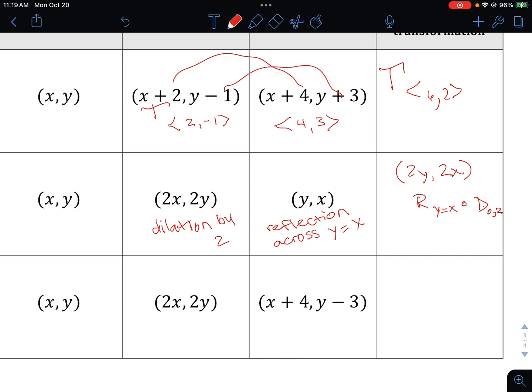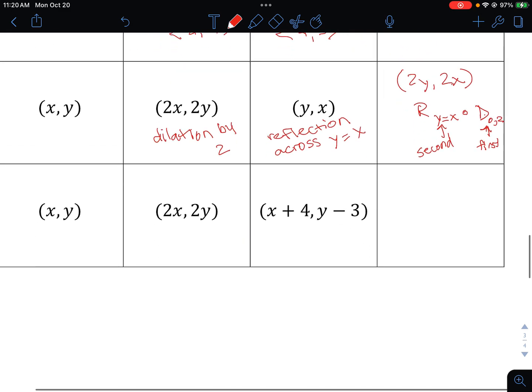It means function composition, and it means you're putting one into the other. It's input output. So essentially, the first thing you did was the dilation, right? That was transformation number 1. And then you take whatever you got from that, and you do transformation number 2. When you're doing function composition, you always do the one after the dot first.